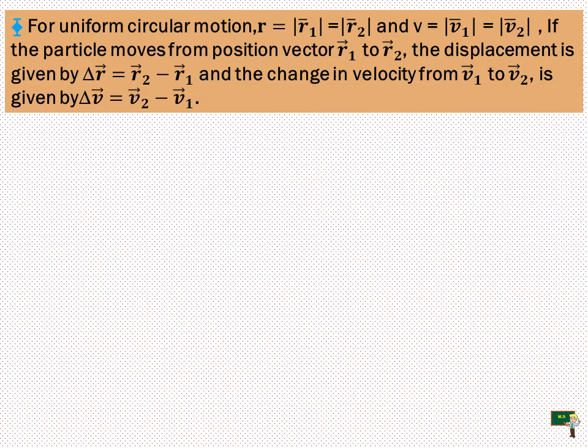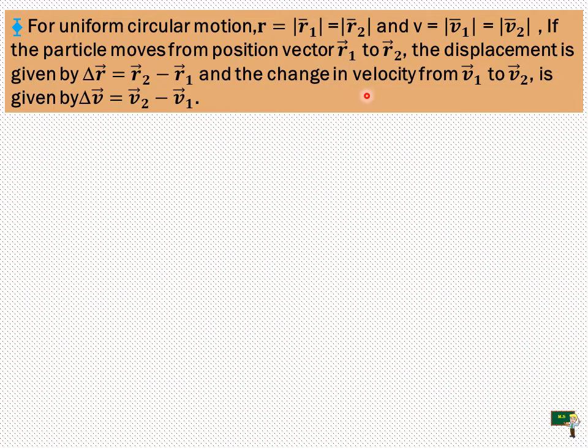For a circular motion, r is equal to modulus of r1, which is equal to modulus of r2, and v is equal to modulus of v1, which is equal to modulus of v2. If the particle moves from position vector r1 to r2, the displacement is del r is equal to r2 minus r1, that means the final radius minus the initial radius.